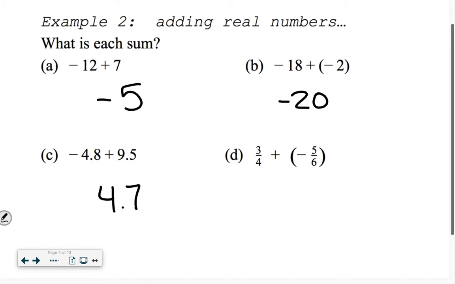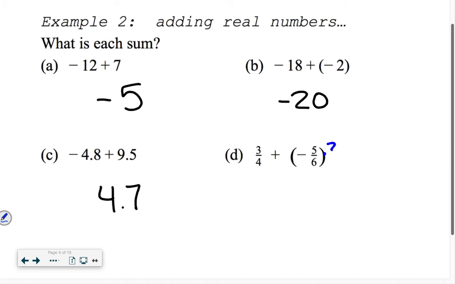Now, back to fractions, if you remember those. 3/4 plus -5/6. We cannot add those as is. To add and subtract, we need a common denominator. So I'm going to pick 12 because the smallest number that both 4 and 6 go into is 12. You could do 24, that's fine, but then you're going to have to simplify at the end.